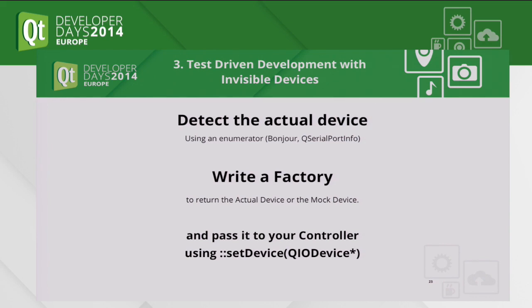So the detector is generally more of an enumerator class. It will give you one answer: is it there or is it not? Based on that answer, you can use a factory to create the right device, be it the actual device or the mock device. And then, once that is done, you can simply set the device on your controller.